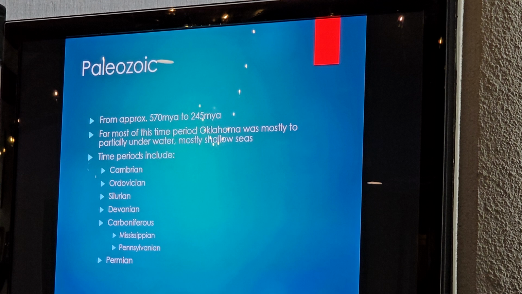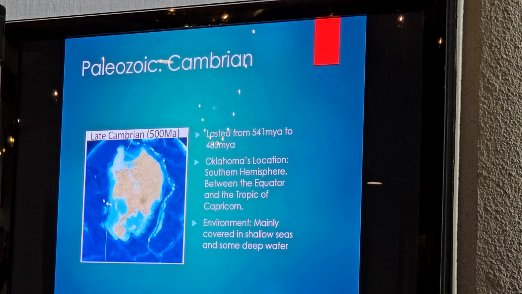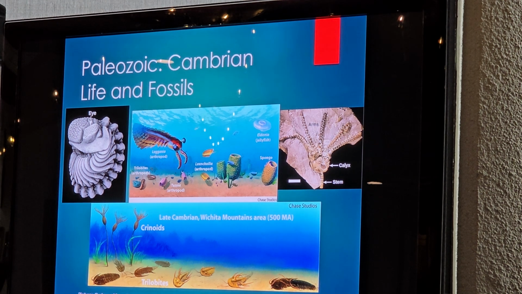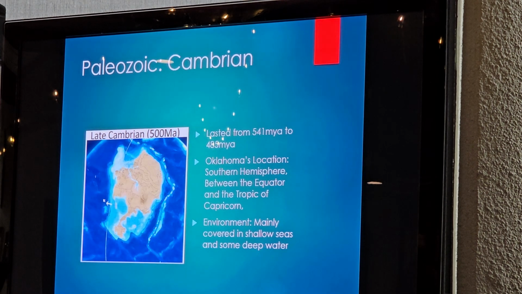So Paleozoic, this is basically everything before the dinosaurs. It's Precambrian all the way through the Permian. So most of this time we were underwater, mainly shallow seas, tropical because we were near the equator. So here's just a picture from the Late Cambrian.